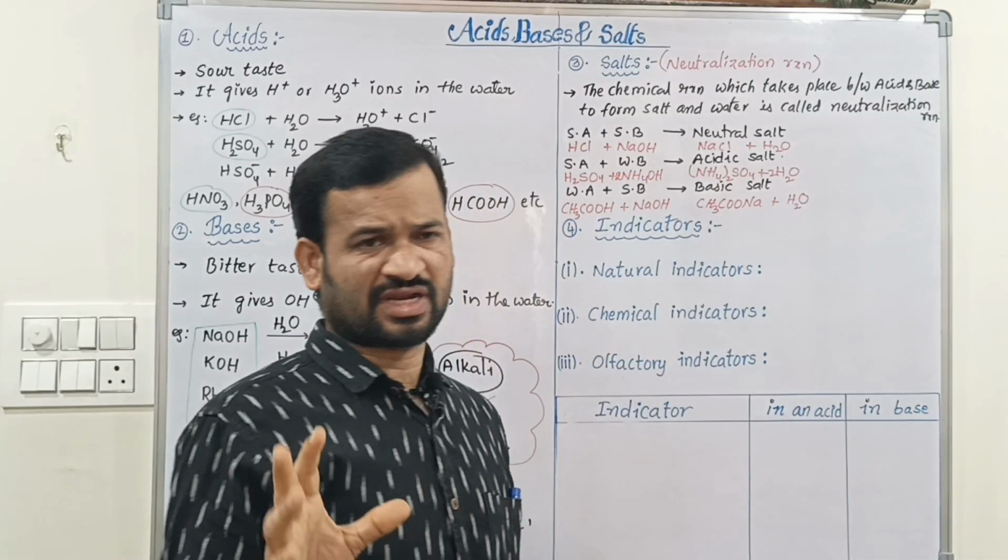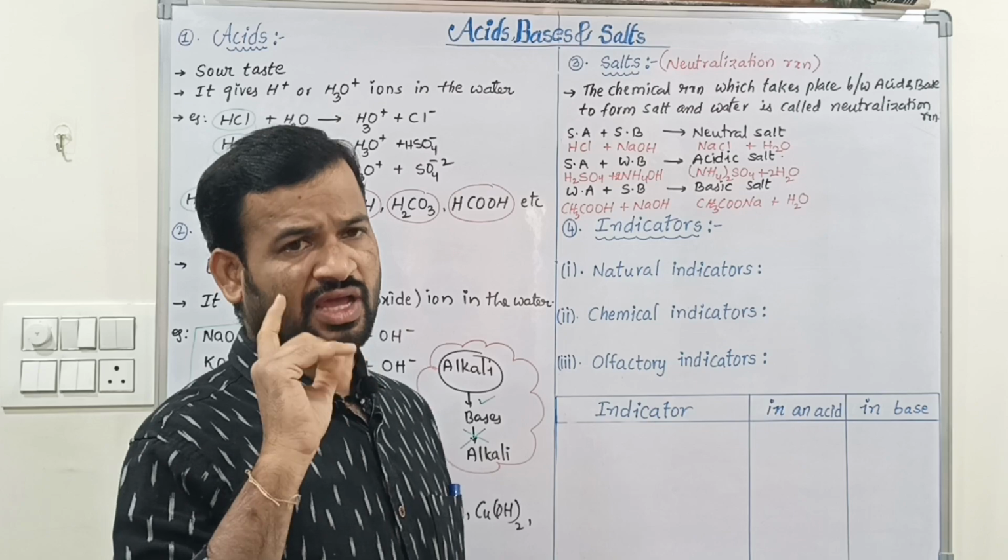A very important natural indicator is blue litmus paper and red litmus paper.